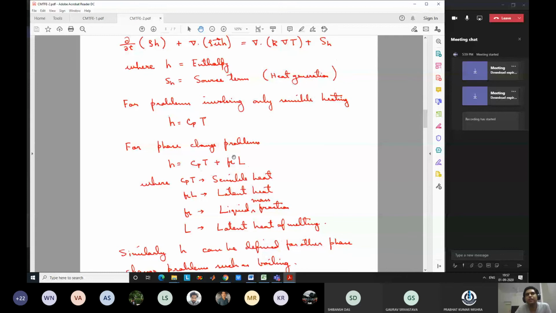If it is fully liquid, this term should not be present because reference is zero. But if it is fully solid, you should have minus L, latent heat. So Fs will become 1 and you will have fully solid. Think about it, and then we can have a discussion in the next class also. We'll finish our class.